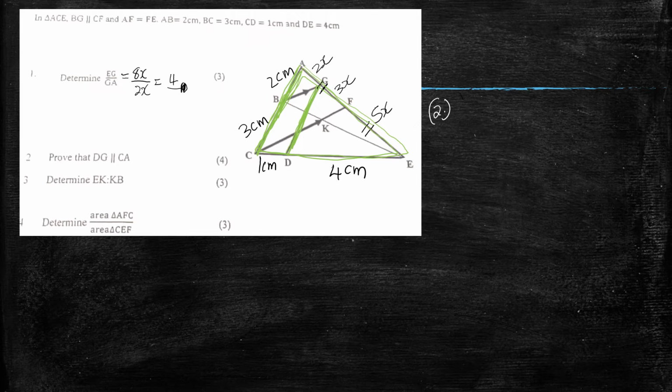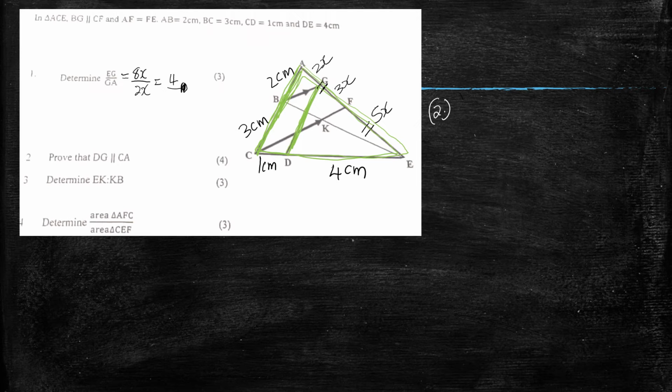That says that if there are two sides that are in the same proportion, then the line that divides them will be parallel to the third side. We can use that theorem now, because we want to prove that this line is parallel to that line, and we can see it corresponds properly to that triangle.